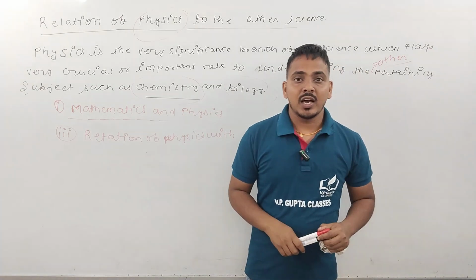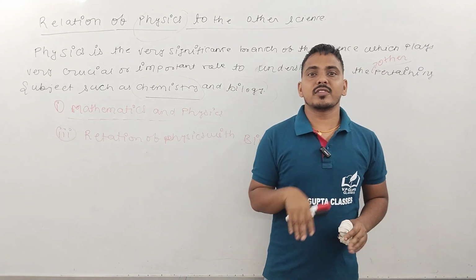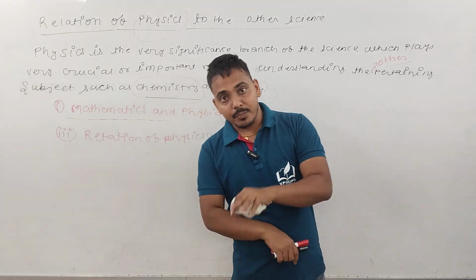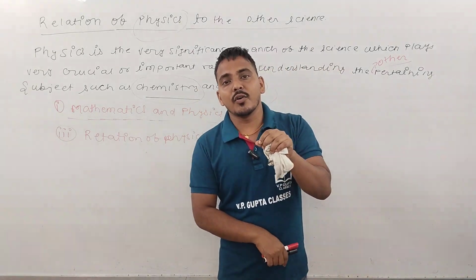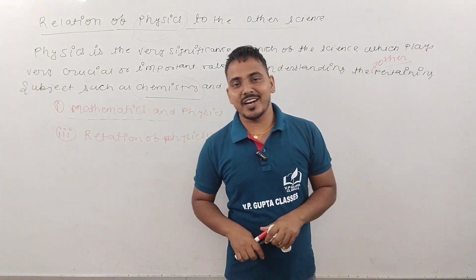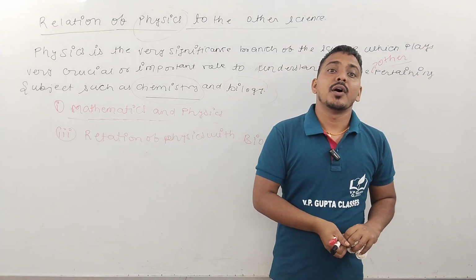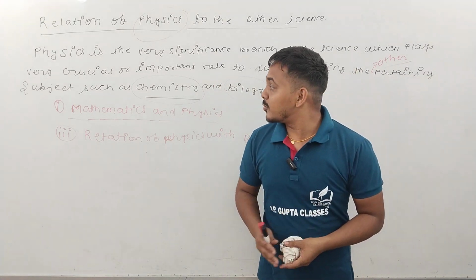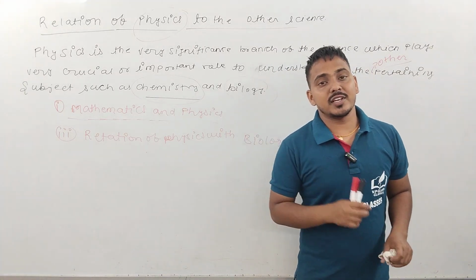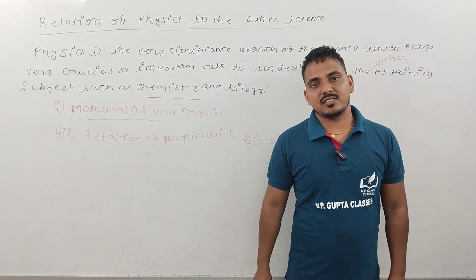In technology nowadays, operations are done without flowing of blood, that is, bloodless operations. How? This is the use of physics. So we can say physics plays a very important role in biology and medical science.